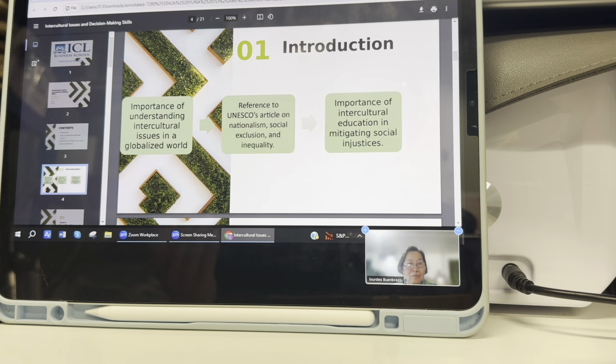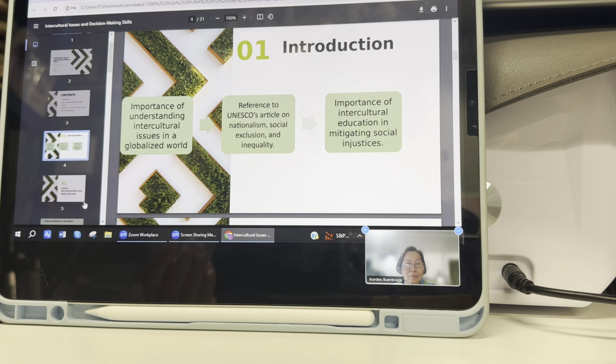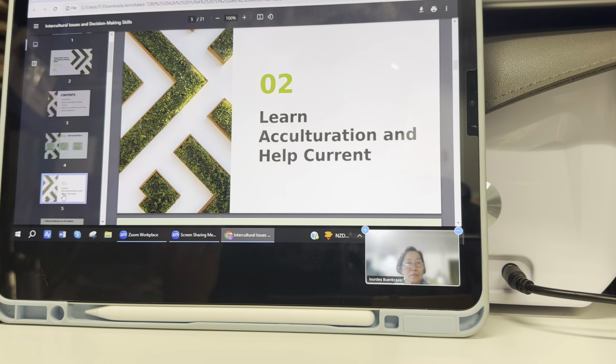According to the literature, intercultural issue has a huge background in the international context, with globalization, diversity, and uniformity. The United Nations Educational, Scientific and Cultural Organization emphasizes that nationalism, social exclusion and inequality can lead to social injustice that will lead to intercultural issues in the multi-social society.